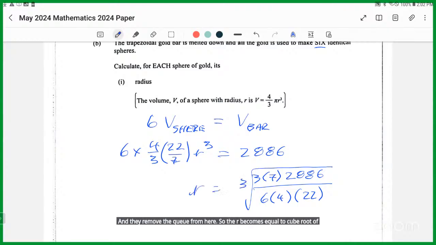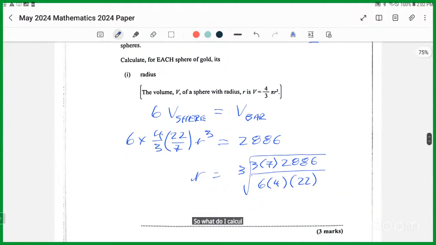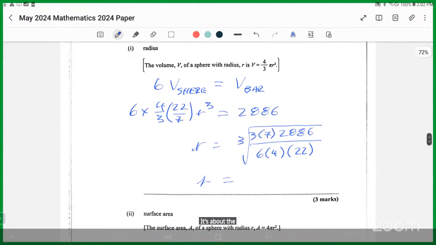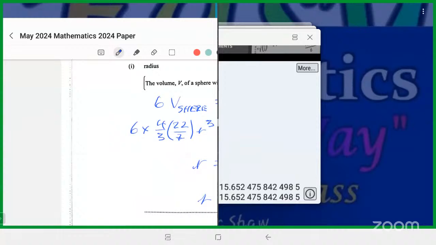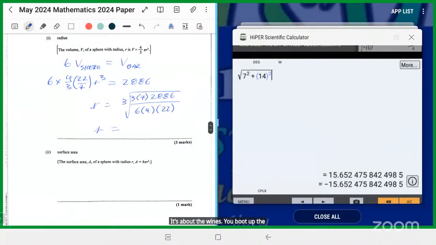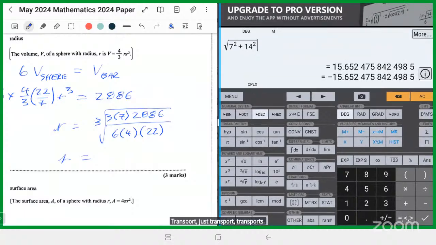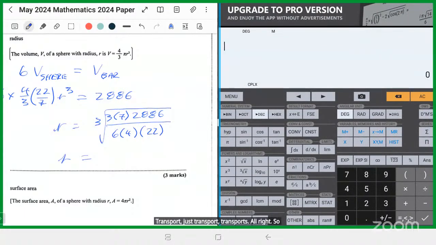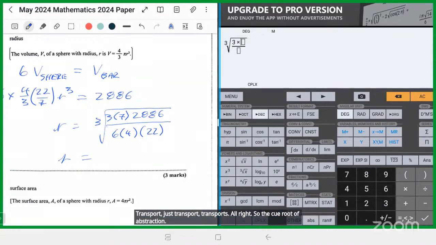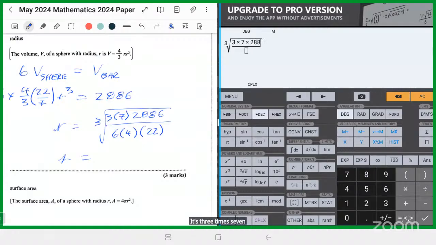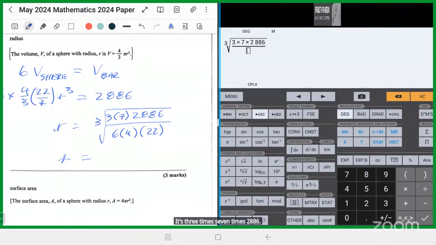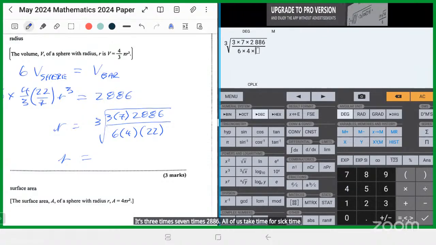Just transpose the values. So we do that calculation and we're going to get the r, which is what they want. It becomes the cube root of the fraction 3 times 7 times 2886 over 6 times 4 times 22.